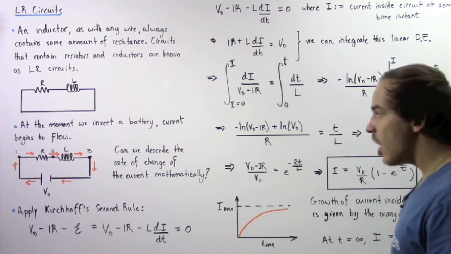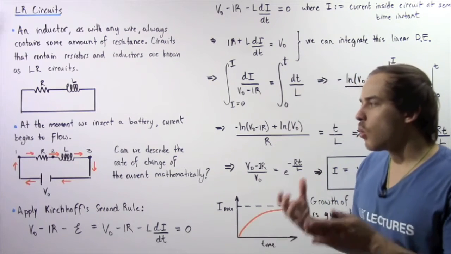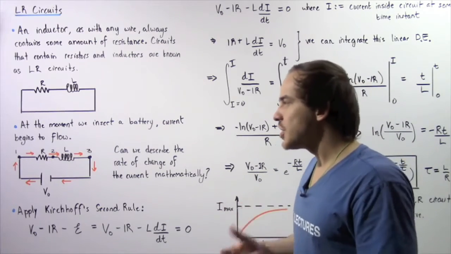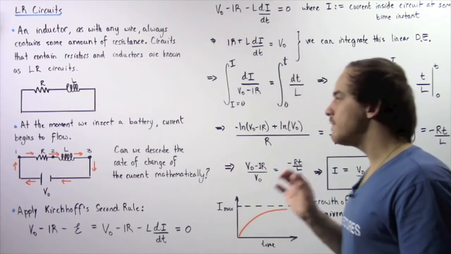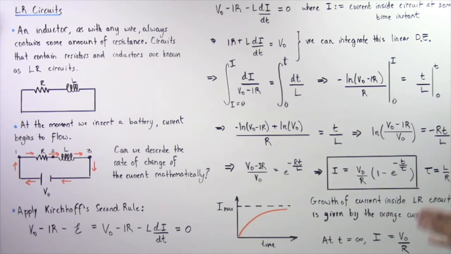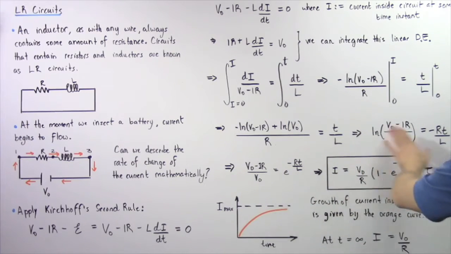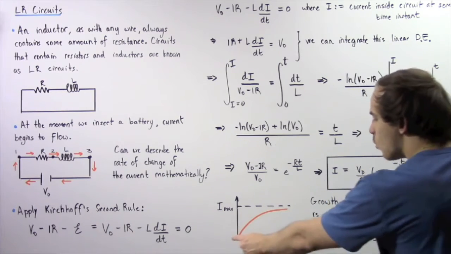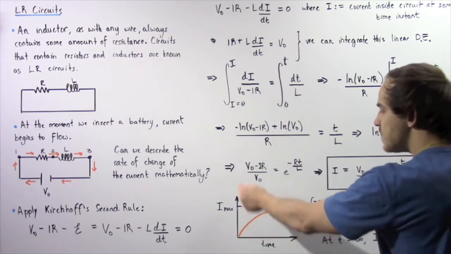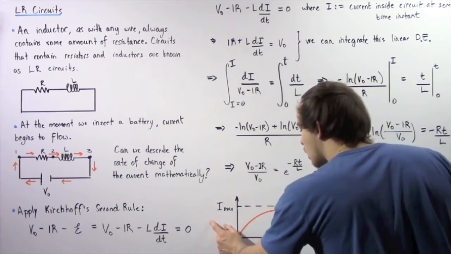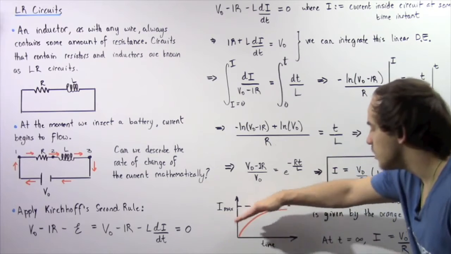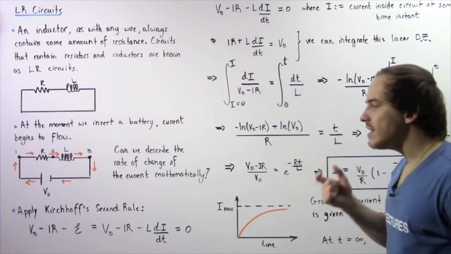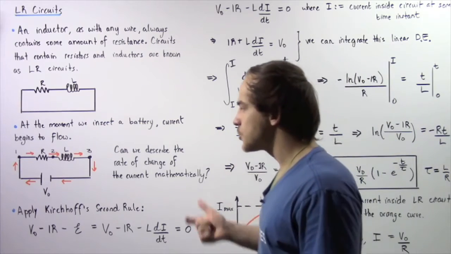Recall that tau gives us the amount of time it takes our electric current to reach 63% of its maximum value. If we plot this equation on the xy plane, where the x-axis is time and the y-axis is our current, we see the following curve.